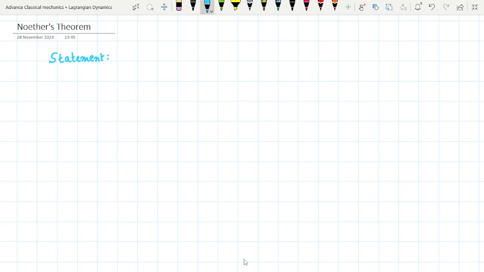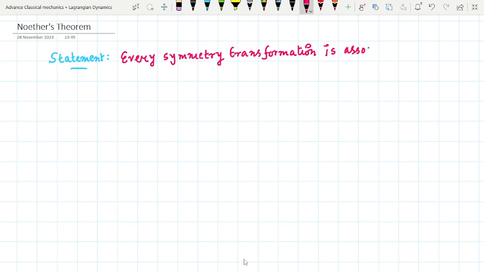The statement says that every symmetry transformation is associated with some conserved quantity.